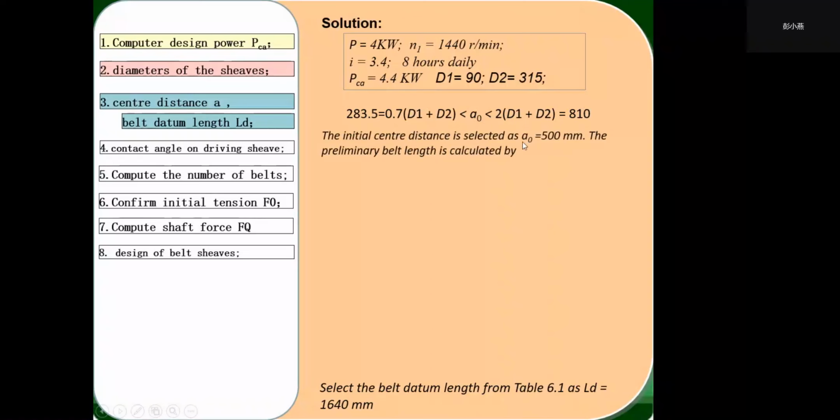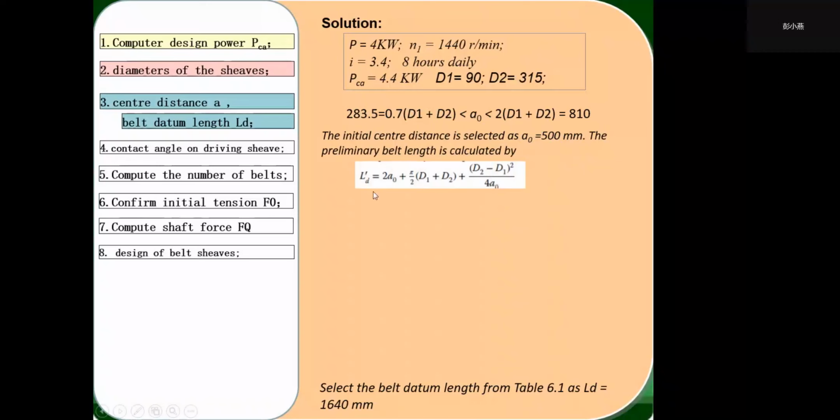And then we select A0 is 500 millimeter. You also can choose 600 or 550 millimeter. You can choose a value within this range, okay?